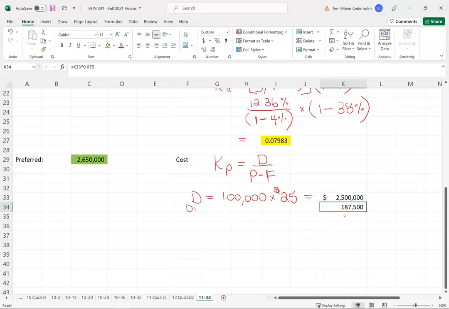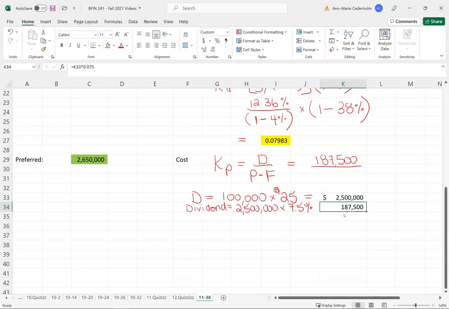So the dividend equals the book value times 7.5%. So now I can put that 187,500 into here.